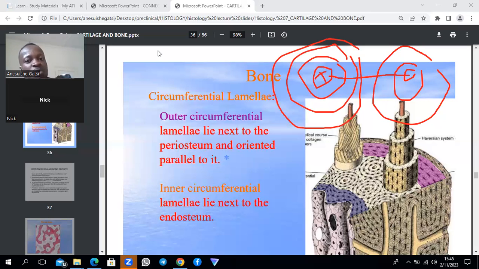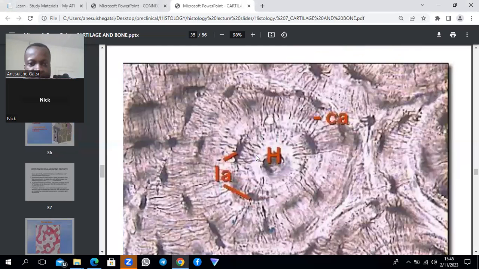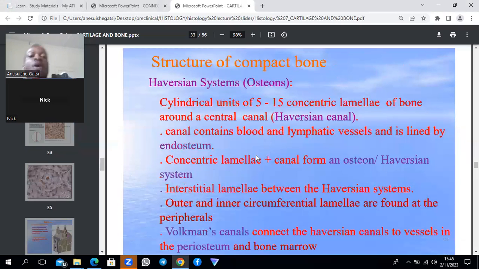Let me clear this and go back to that page where I wanted to show you. Okay, so a Haversian system or an osteon is simply cylindrical units of concentric lamellae around a central canal.